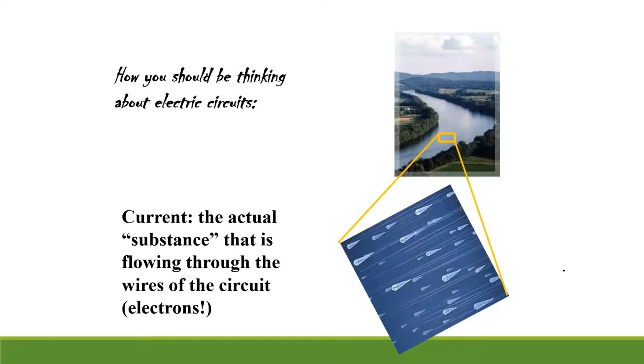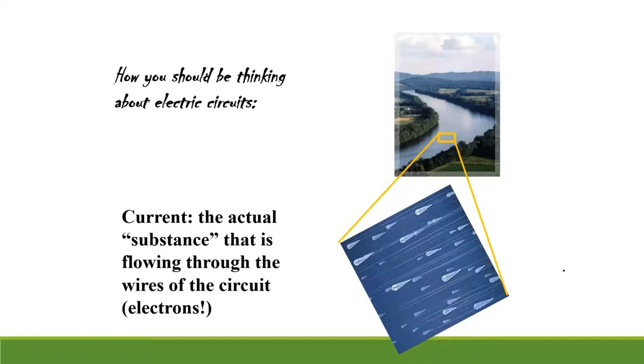The current in a river is exactly the same as the current in an electric wire. It's the actual substances flowing through the wires of the circuit, the electrons. The current in a river is the actual water droplets moving down the river. Both of those are the same idea.